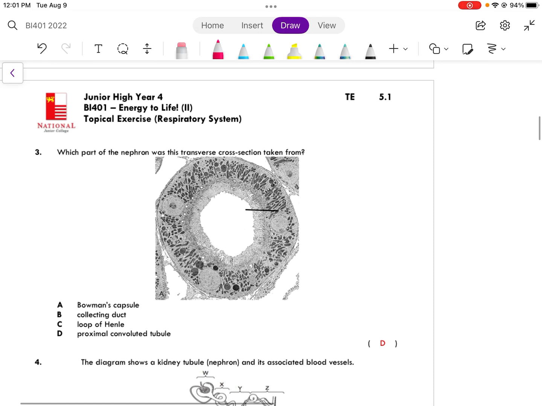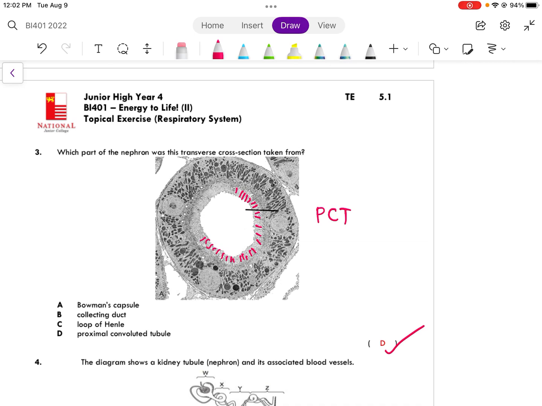Let's look at 3. Which part of the nephron was this transverse cross-section taken from? So this is a cross-section of a part of the nephron, and actually this part over here is all the microvilli. In other words, this is likely the proximal convoluted tubule.